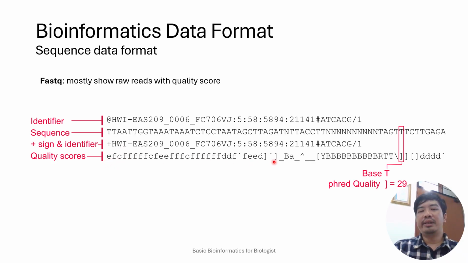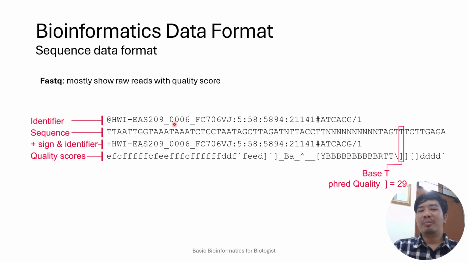This score is hexadecimal. You know, hexadecimal is 1, 2, 3, 4, 5, 6, 7, 8, 9, A, B, C, D, E, F. So it represents the quality of this sequence. And for the identifier, we use the @ symbol.